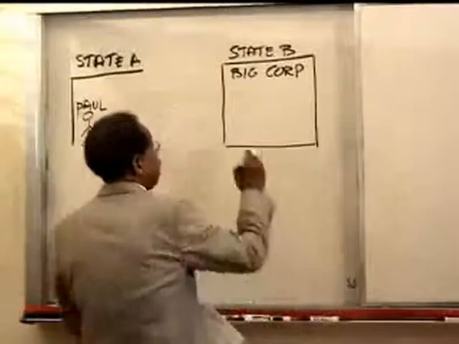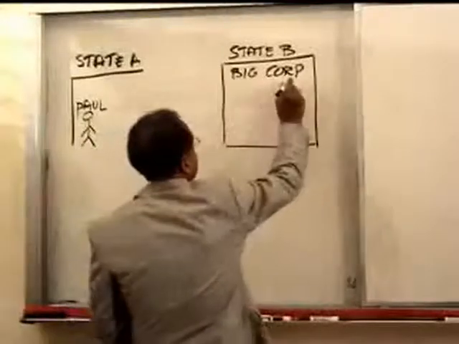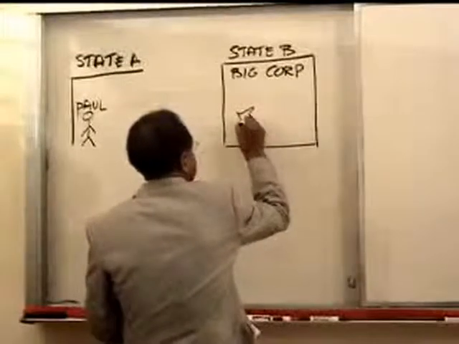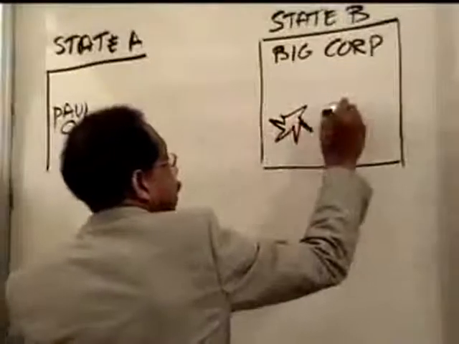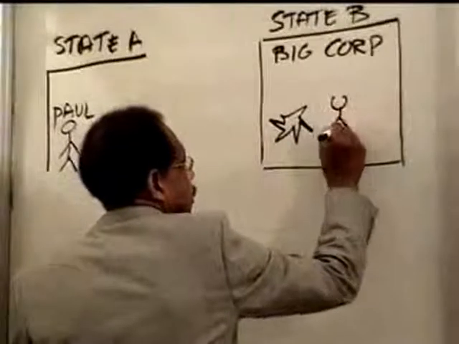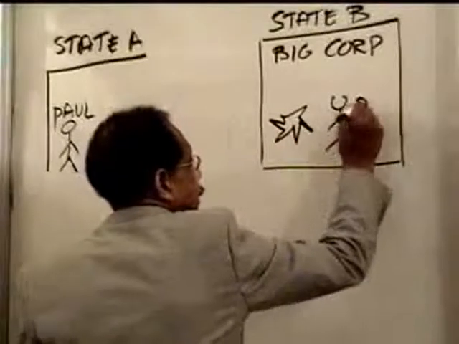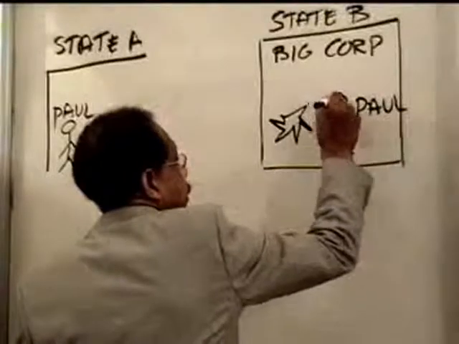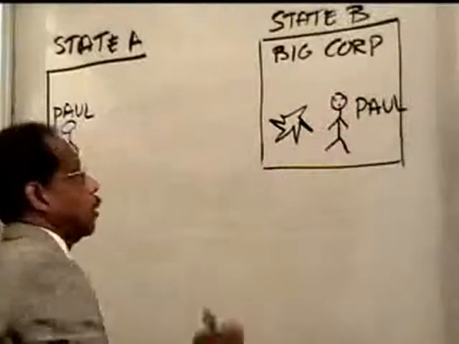So Big Corp is here, Paul is here, he got a saw from these people. There's the saw blade, here's Paul, and Paul is injured by the saw.